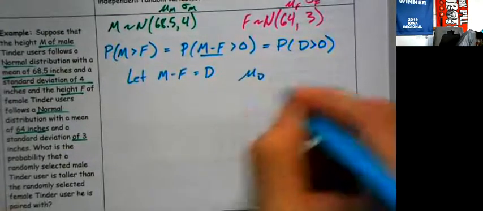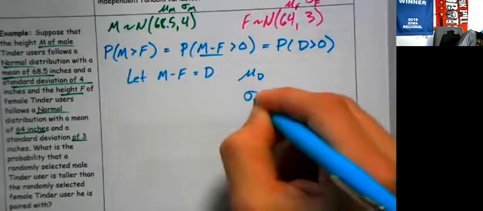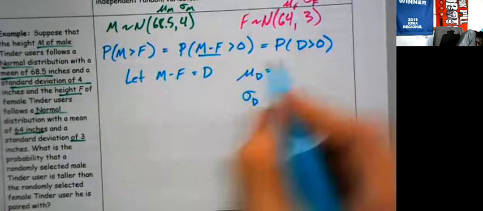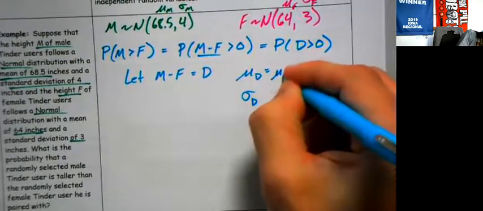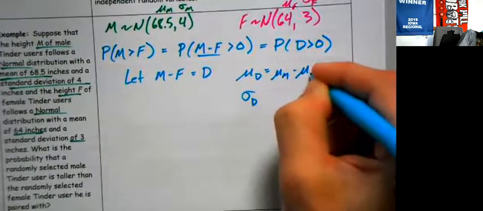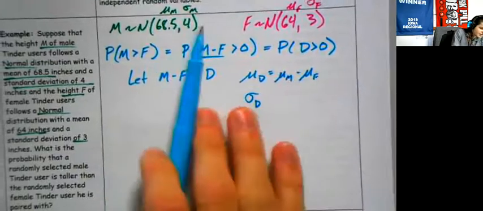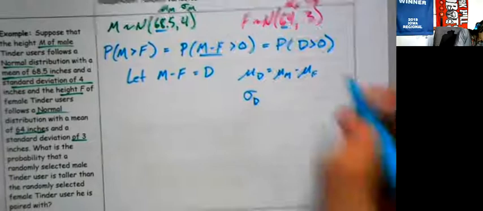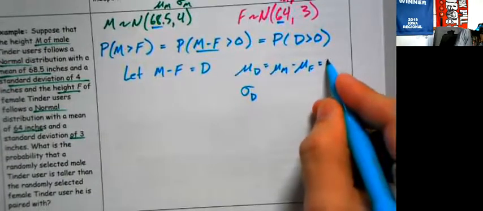What's the mean of D? Standard deviation of D. D is M minus F, so the mean of D is the mean of M minus the mean of F, that is 68.5 minus 64 is 4.5.